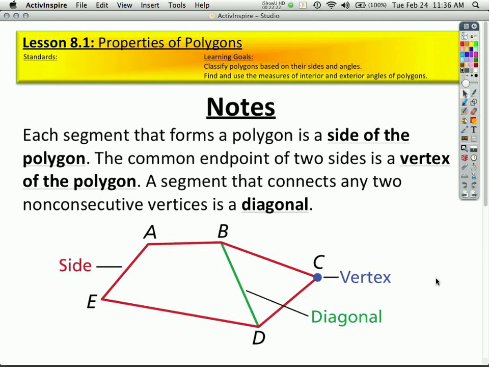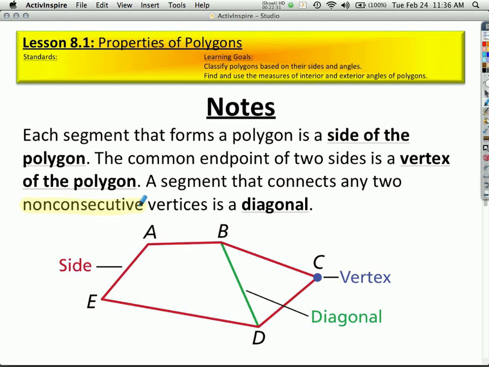And then if you connect two non-consecutive vertices, two vertices that are not next to each other, then that's called the diagonal. So you can't draw a diagonal from B to C. You have to skip over a vertex to draw a diagonal. Any questions about the basics?